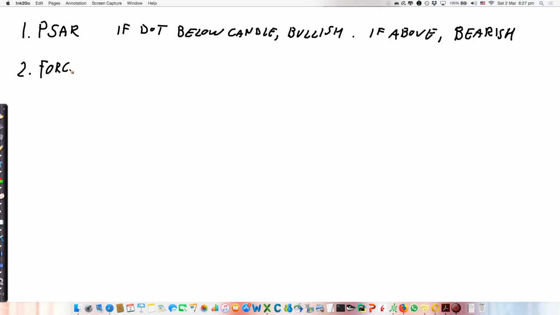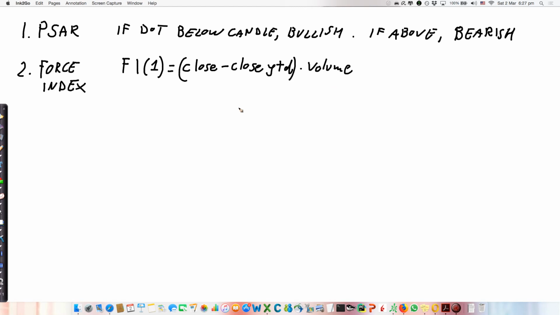Okay, so force index. How is it computed? Well, the idea is this. The force index, let's call it 1, and later I will tell you what this number is, is the close price of today minus the close price of yesterday times the volume.